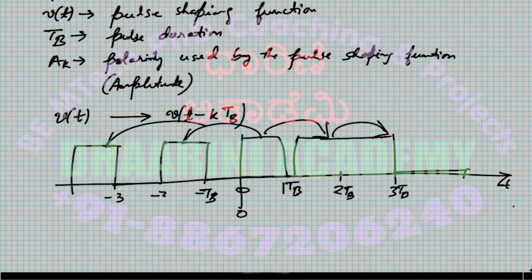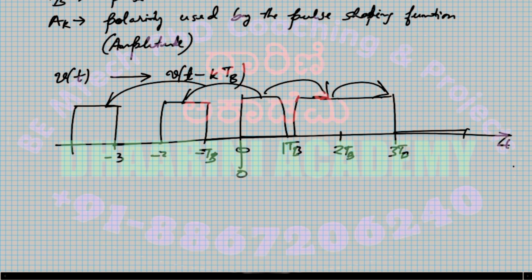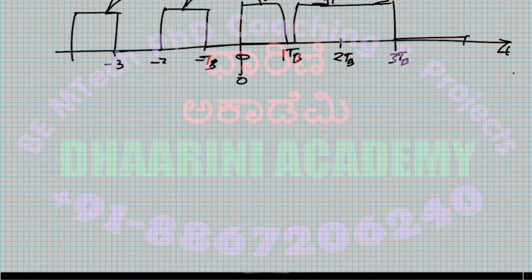Now let me tell you something in general. This is a very general concept, not anything specific. Any signal x of t is given, you can convert that x of t into its PSD, power spectral density. So this means the power spectral density of this given signal x of t, which I have already written.